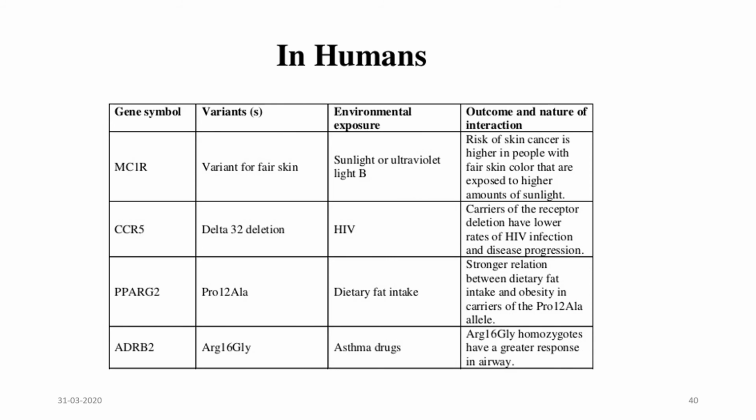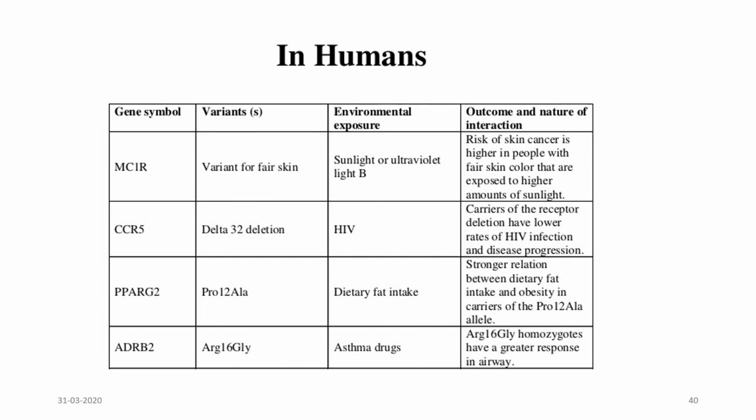The CCR5 gene is chemokine receptor type 5, or CD195, present on the surface of WBC cells. If there is a delta 32 deletion and such a person is exposed to HIV, then there are lower rates of HIV infection and disease progression.